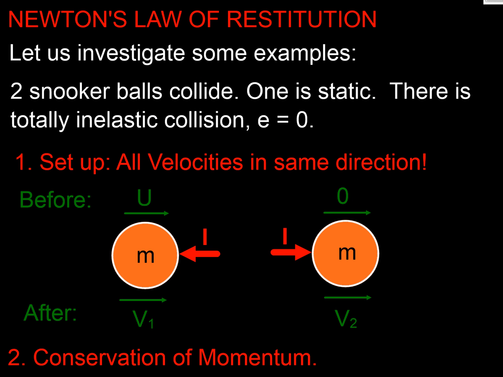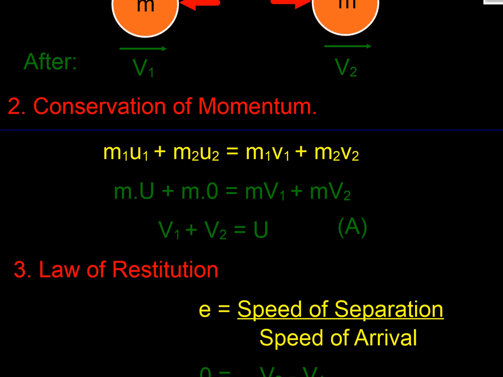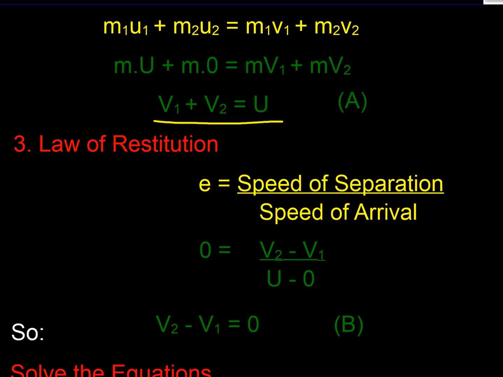Let's quickly look at the second example. A totally inelastic collision between our snooker balls, so e equals 0. Same setup as we had before, nothing different. Conservation of momentum's the same as before, so we get the first equation the same: v1 plus v2 equals u. What changes is afterwards.